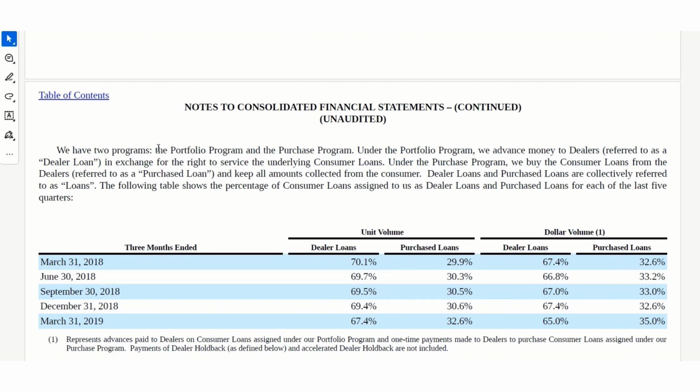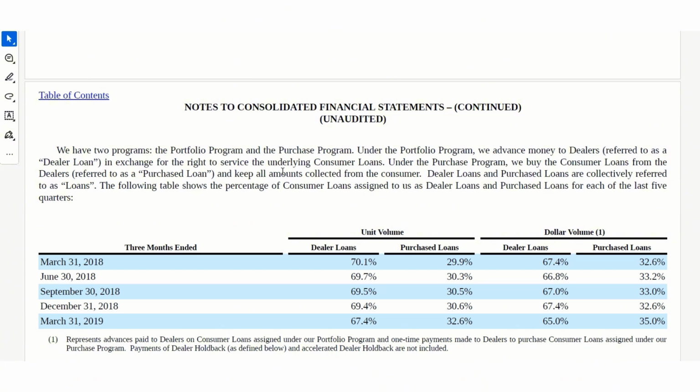We have two programs, the portfolio program and the purchase program. Under the portfolio program, we advance money to dealers, right? Referred to as a dealer loan in exchange for the right to service the underlying consumer loans. Under the purchase program, we buy the consumer loans from dealers, right?